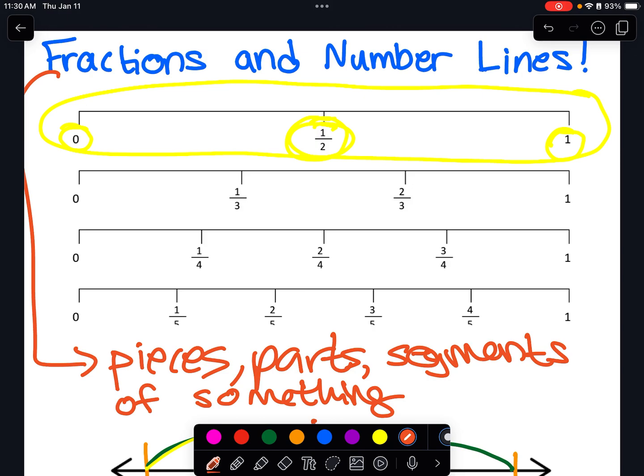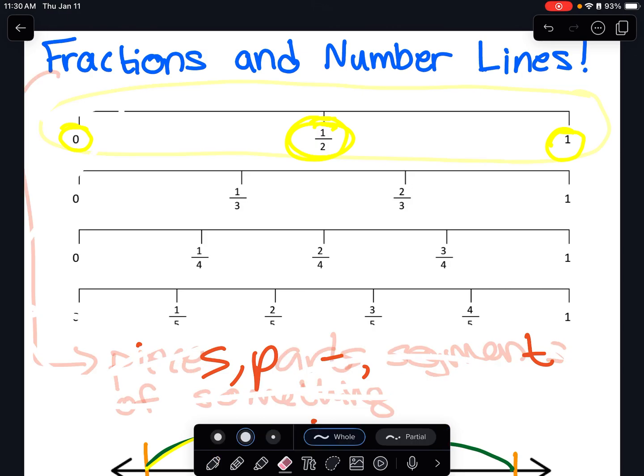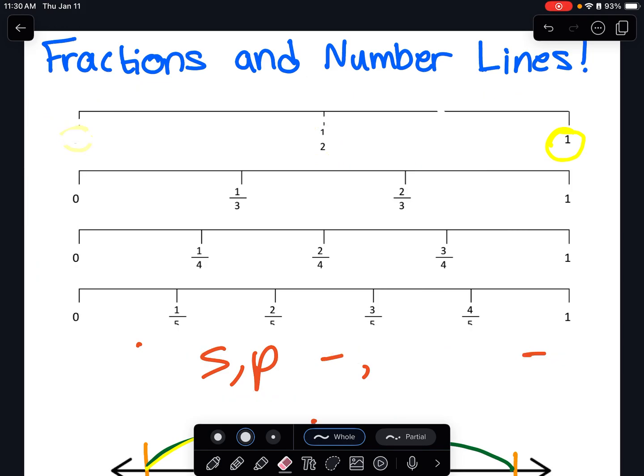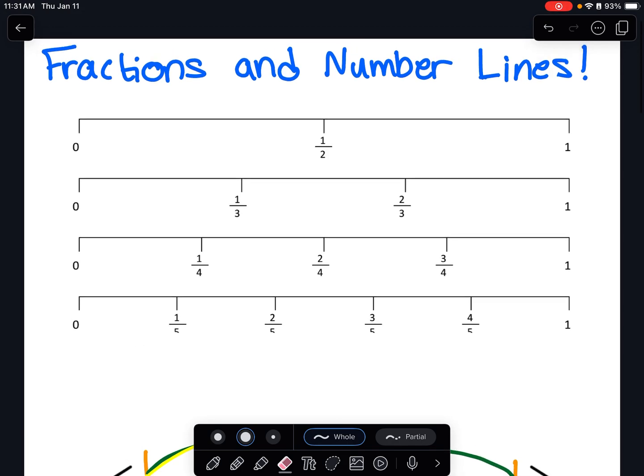Now, you might see that there are some other number lines here. Let me get rid of all this distracting drawing stuff. Let's say you're told to find the 2/3 mark on a number line.